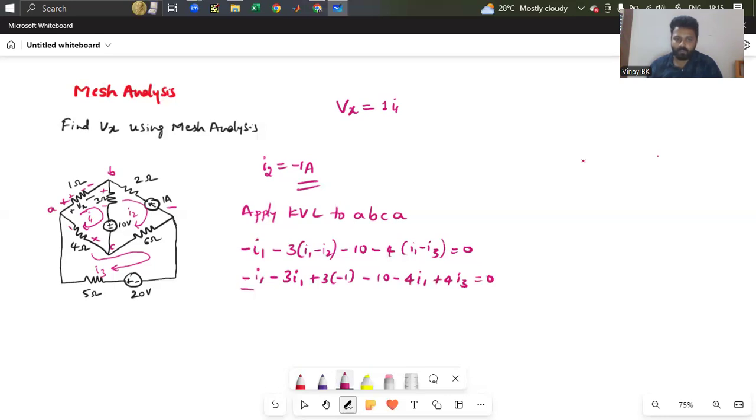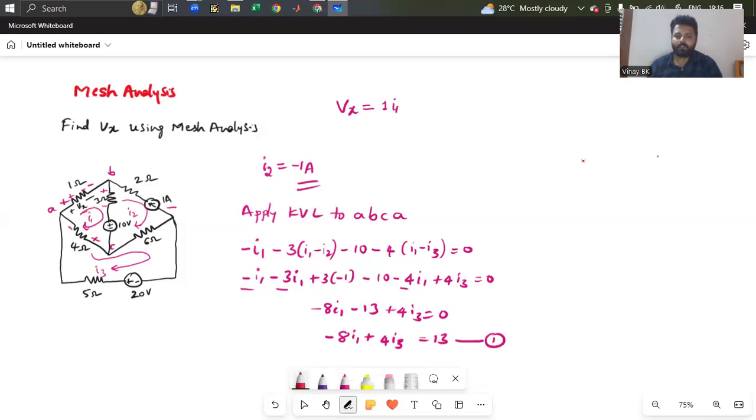You see minus I1 minus 3I1 minus 4I1, that is nothing but minus 8I1, and minus 3 minus 10, that is minus 13. Similarly, we have plus 4I3 equals 0. We'll get one equation, that is minus 8I1 plus 4I3 equals 13. This is equation number 1.